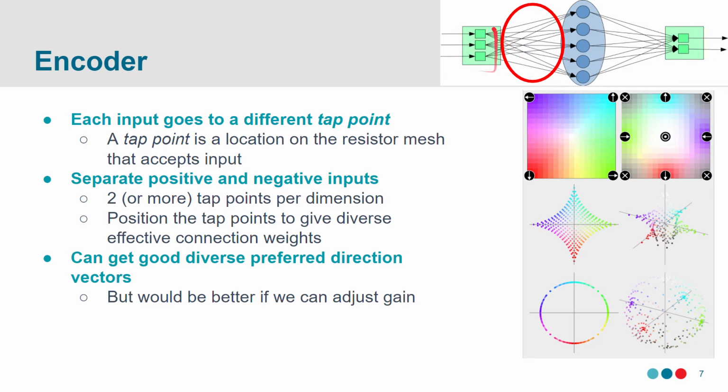Similarly, if we have 3 inputs, we can do the same trick. Here again, we have tap points for negative on the first dimension, positive on the first dimension, negative on the second dimension, positive on the second dimension, and then positive on the third dimension, and negative on the third dimension, and we're injecting at all 4 corners. Again, there's nothing that says that we have to have exactly one place where we're injecting current.